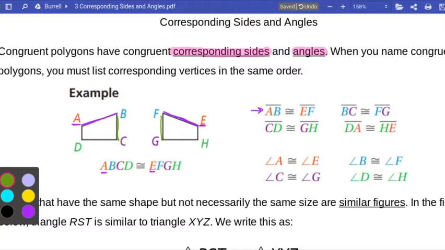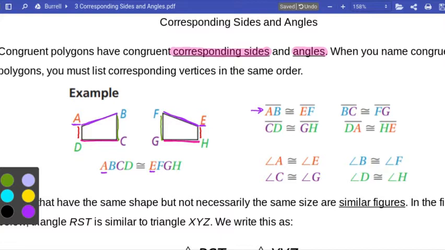Similarly, I can say that CD is corresponding to GH. I went from a purple to a green, so I still went from a purple to a green, looking at the color of their vertices. And then I can also say that DA corresponds to HE, and those are all listed out here on the right-hand side.